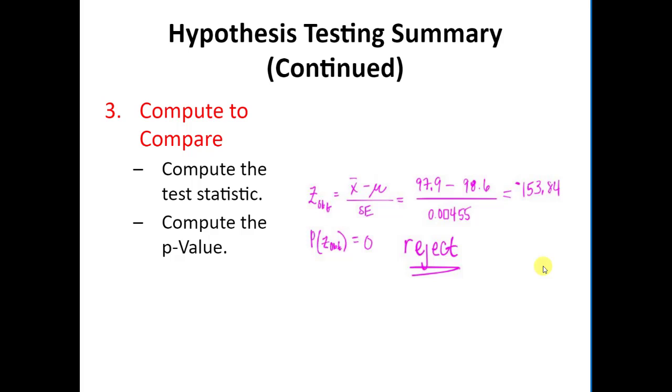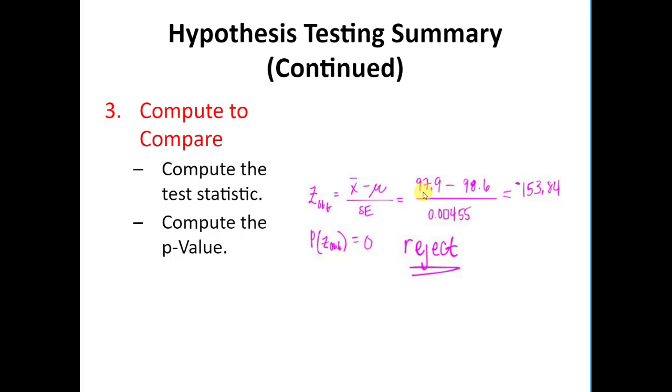The next step was to compute and to compare. The Z obtained was calculated by taking the sample mean, subtracting the population mean, and then dividing that difference by the standard error.